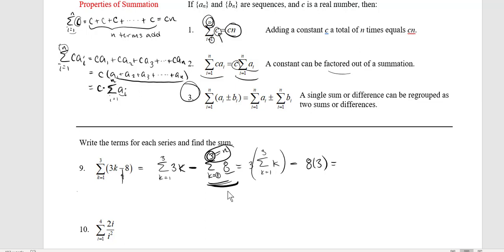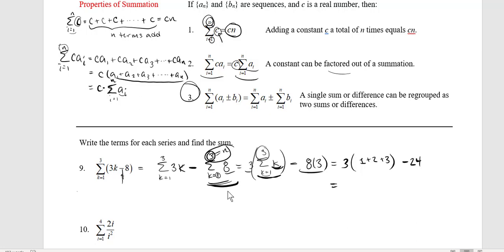All right, let's see what we've got. 3 out front times, I'm just going to write this out. When k equals 1, I'm adding a 1 here. When k equals 2, I'm adding a 2 here. Plug it in, you have a 2 sitting here. For k equals 3, we're adding a 3 here. And that's where we stop, right? We only go up to k equals 3. Minus the 24 at the end. 8 times 3 is 24.